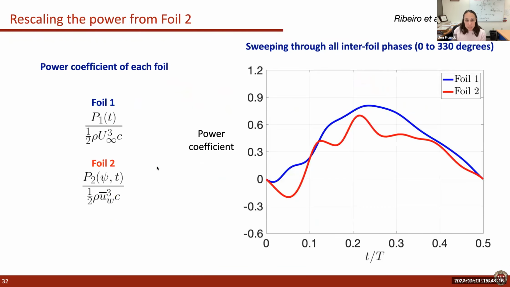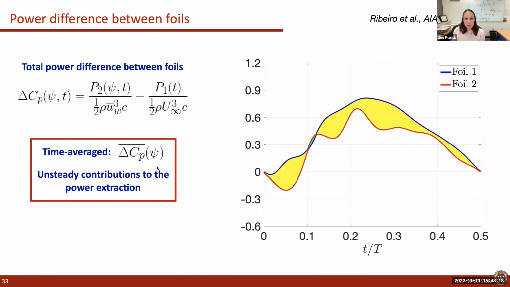What we hope is that by looking at the differences between these two power curves, we think this is a good model for the unsteady contributions to the power extraction. So we think this yellow region, the area between the two curves, is capturing these vortex foil interactions.